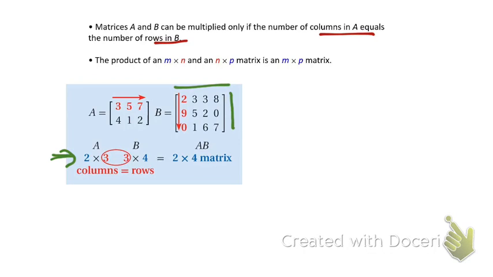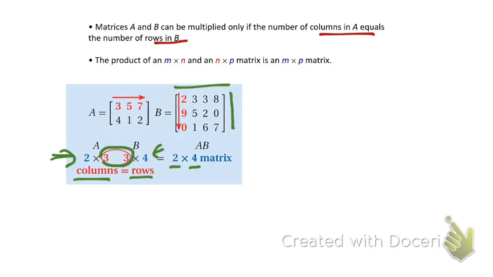So this is B. B has 3 rows and 4 columns. You notice that, in fact, the number of columns in A equals the number of rows in B, which means we would be able to multiply them, and our final matrix would have dimensions of 2 rows and 4 columns.